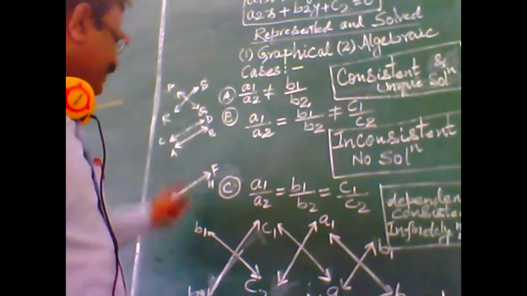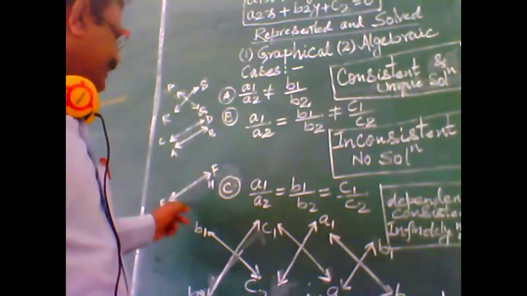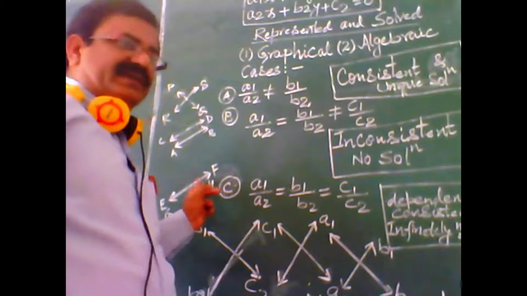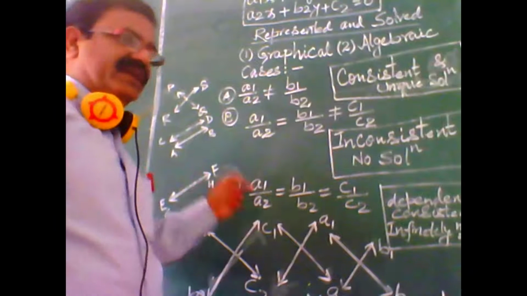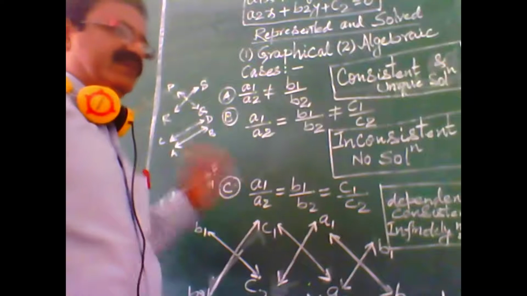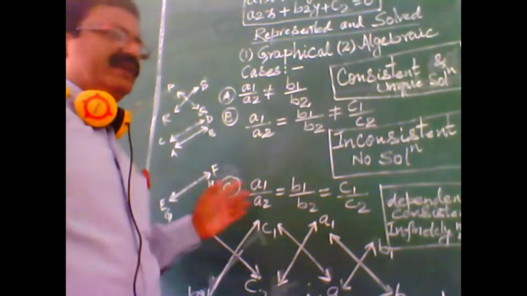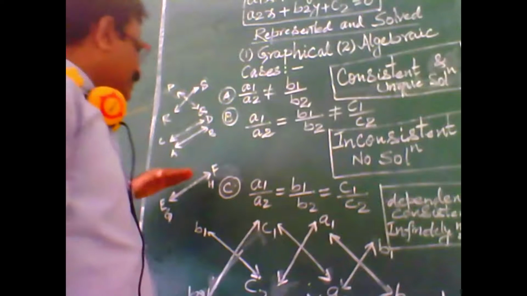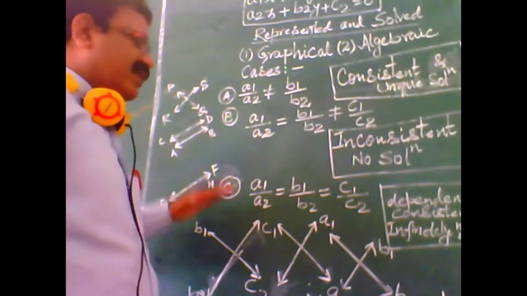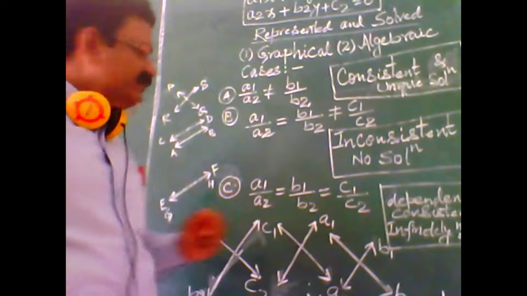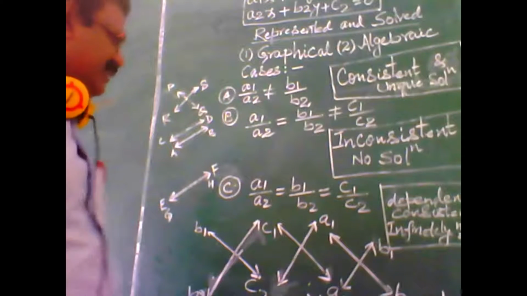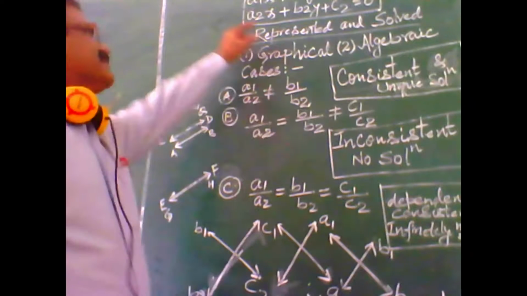By drawing the graph you can see that the lines coincide, that is, one line lies over the other, so one line represents the two lines. When we draw the graphs, both straight lines will come one over the other. So these are the three cases.